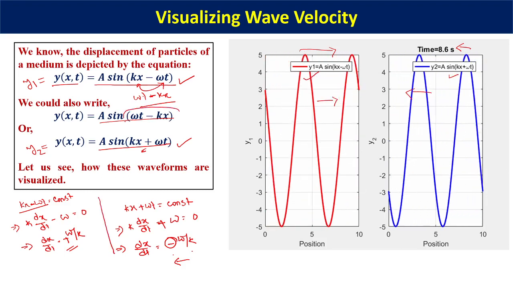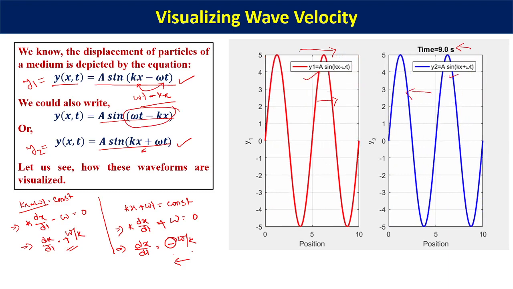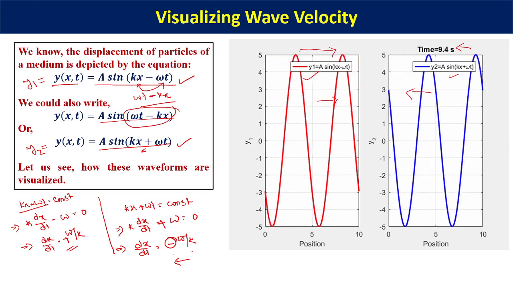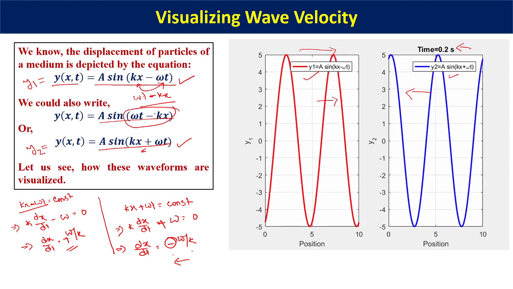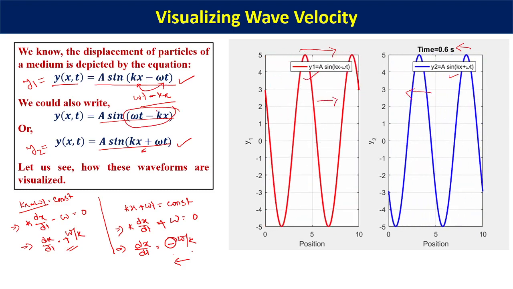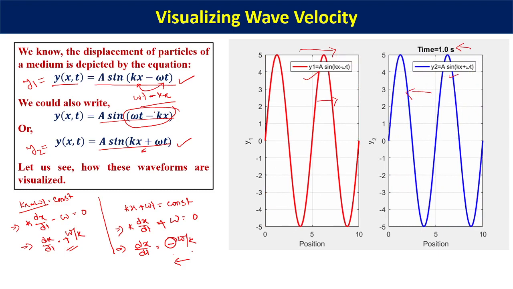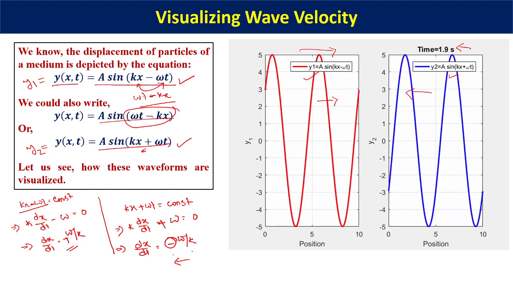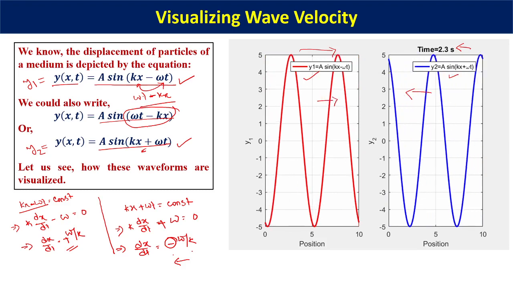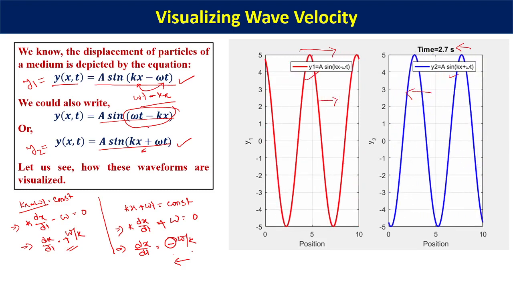Writing omega t minus kx instead of kx minus omega t doesn't change anything else, but it will change the initial velocity of the particle, because nothing will change in terms of the velocity of the wave. Why?